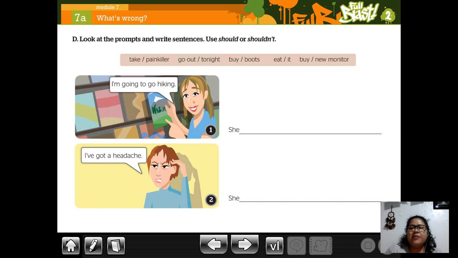What do you think would be the best suggestion for this person? Well, if someone is going camping in the mountains or hiking, I would say that she should buy boots. Right? Very good. So you're going to do the same with the other sentences. Okay?